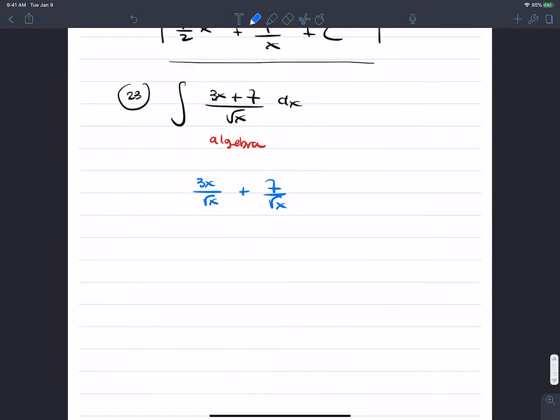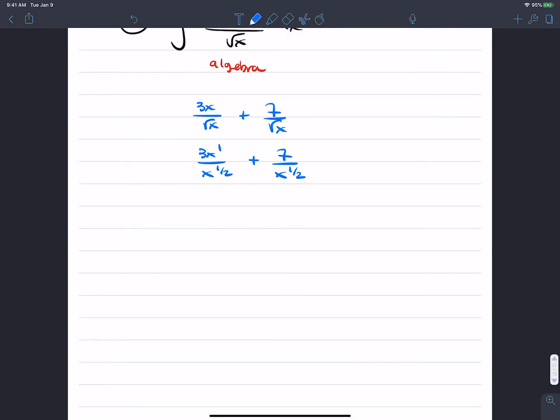And so we're going to use some properties of exponents, meaning you get 3x to the 1st power over x to the 1/2 plus 7 over x to the 1/2. So by properties of exponents, we have 3x to the 1 minus 1/2 plus 7x to the minus 1/2.